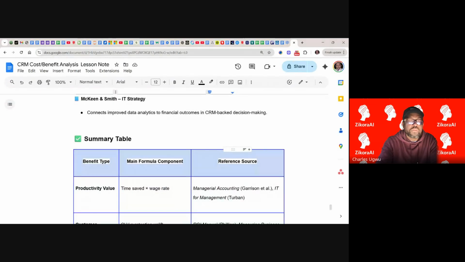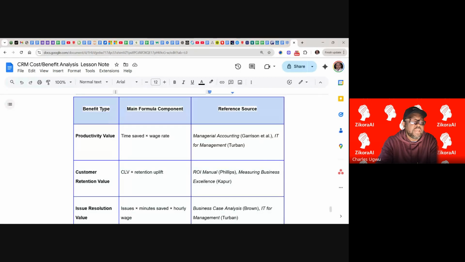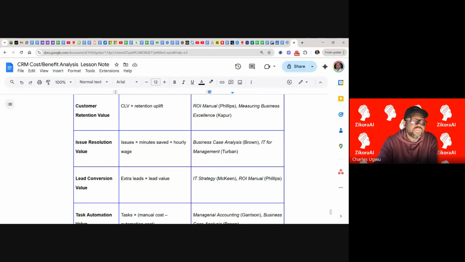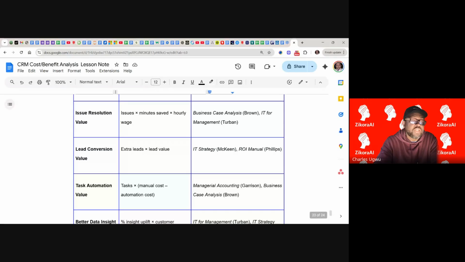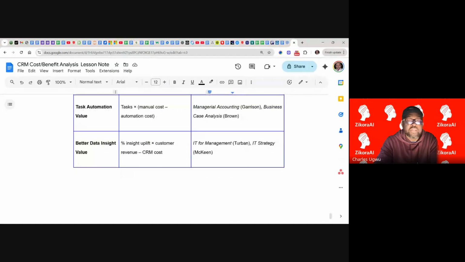So this is summarized in a table here. Productivity value, you see the formula here and you see the reference. Customer retention value, you see it here. You see issue resolution, lead conversion, task automation, and better data insights.